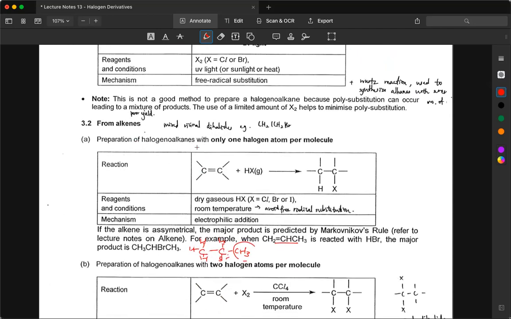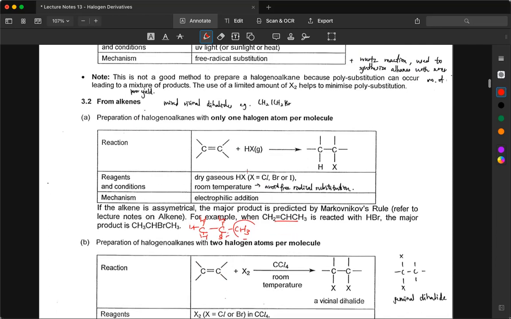Preparation of halogenoalkanes with only one halogen atom per molecule. In this case, we use HX, where X represents the halogen. So we can use dry gaseous hydrogen halide at room temperature to avoid free radical substitution.